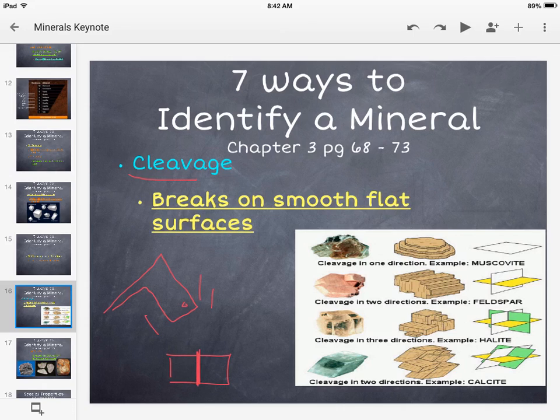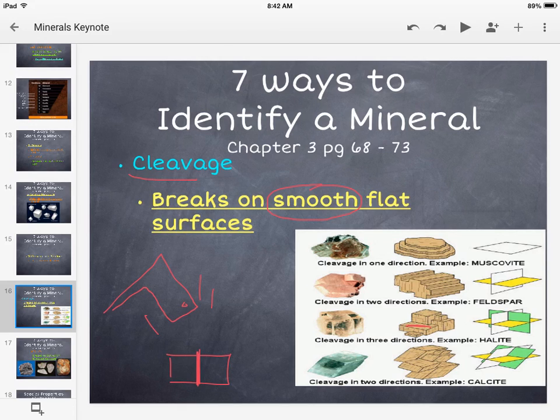It's going to cut that right in half, and there's going to be smooth surfaces. So these minerals that have cleavage break on smooth surfaces. It might be little flat sheets, it might be all sorts of three-dimensional shapes, and that has to do with the molecules and how they're bonded together, because it's always going to break on the lines of least resistance.